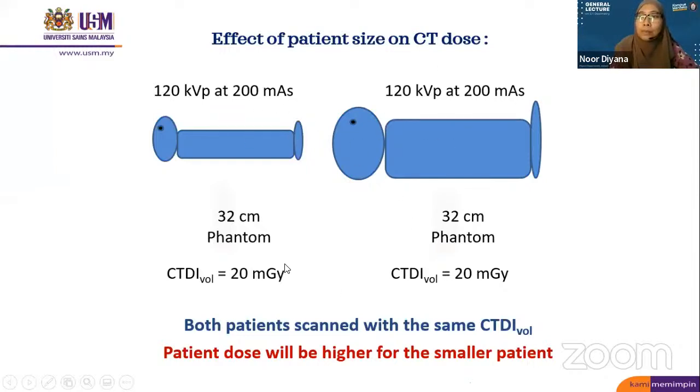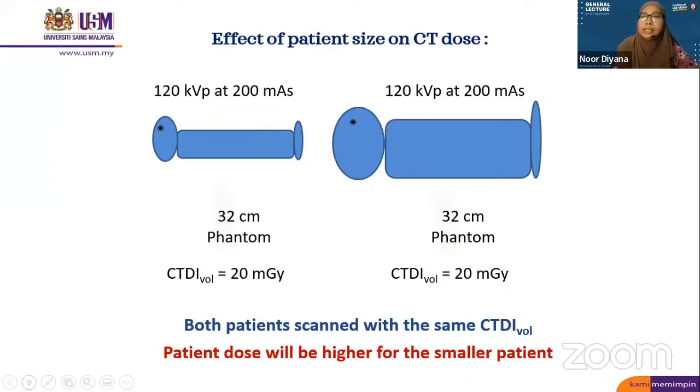The scanner will display 20 milligray, the same for both patients. But in reality, the patient dose is higher for the smaller patient.